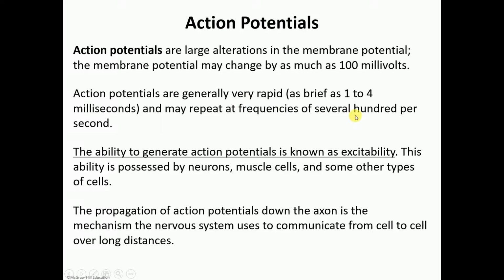So depending on that frequency, that's how, when you ask a patient on a scale from 0 to 10, how painful is this, that level of pain really depends on the frequency of action potentials. The ability to generate an action potential is known as excitability. And again, you have to reach that threshold.